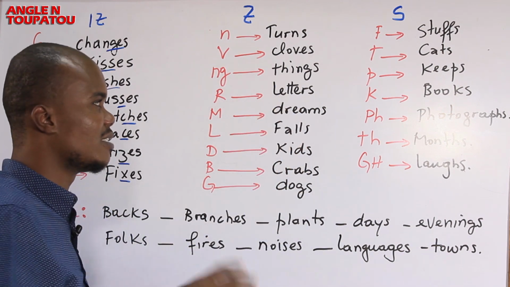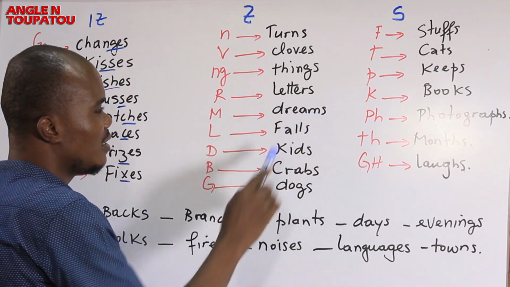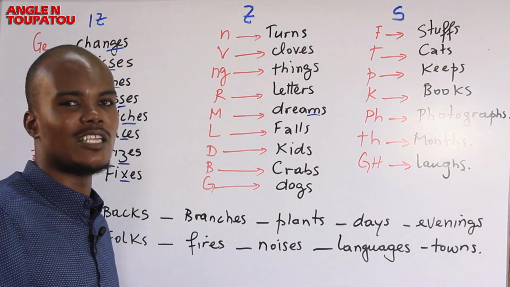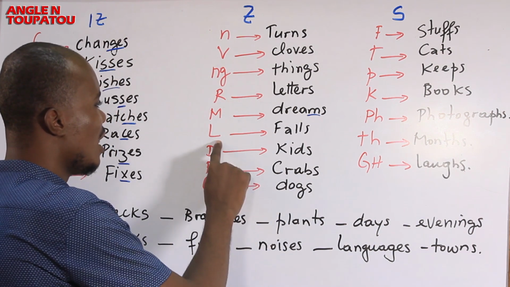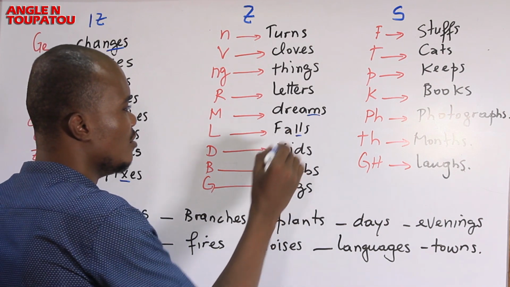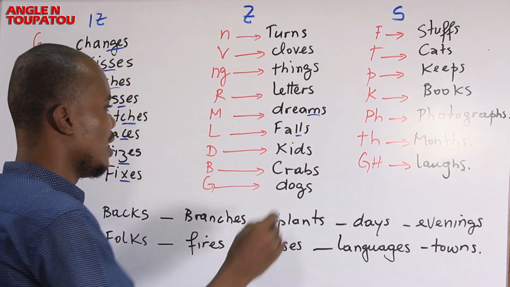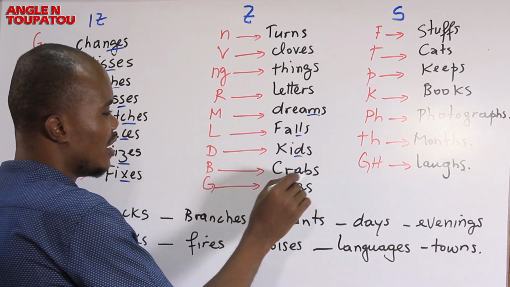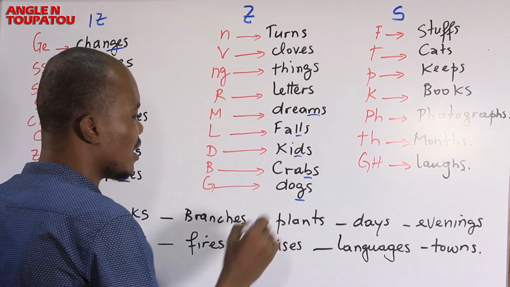You pronounce this S as a Z sound. You say dreams, in my dreams. L sound, you say falls. And you say kids. You say crabs. You say dogs.